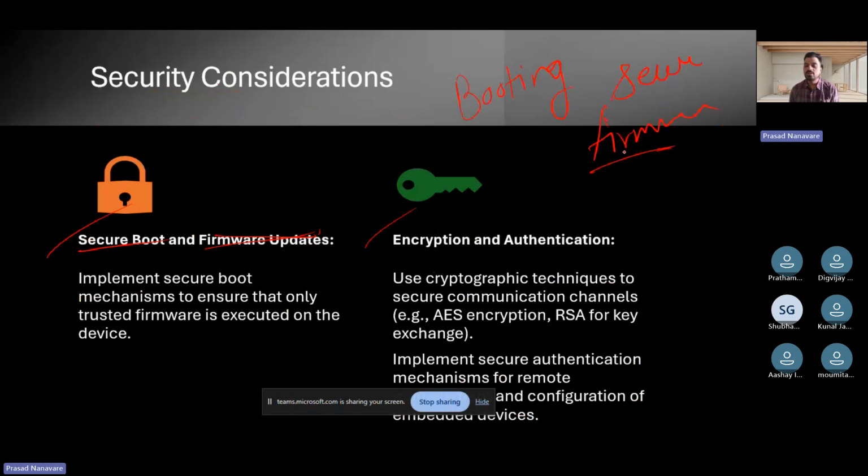Or else it will give you an error. Then encryption and authentication. It says that you have to use cryptographic algorithms in order to secure your communication channels. And secure authentication, definitely its importance.